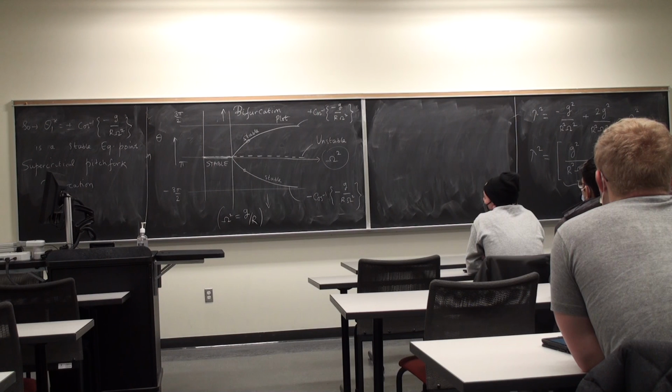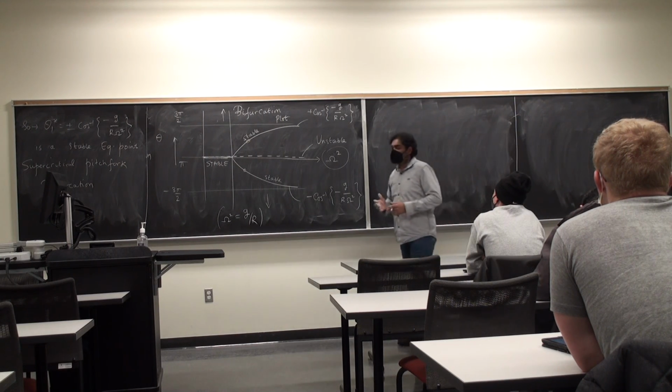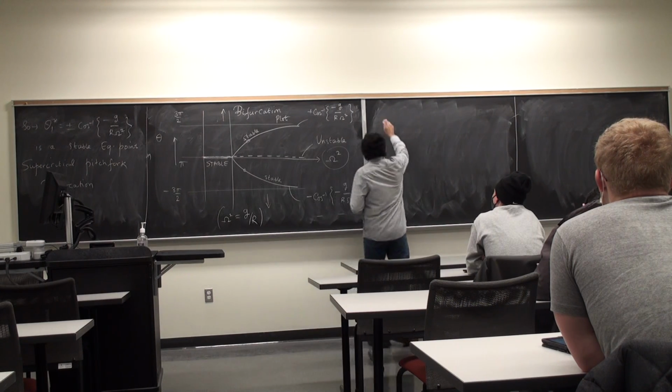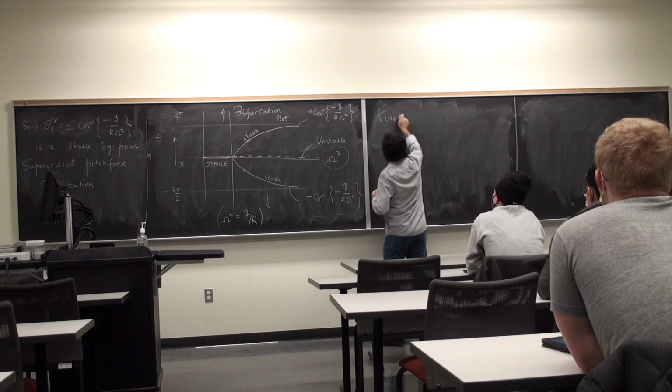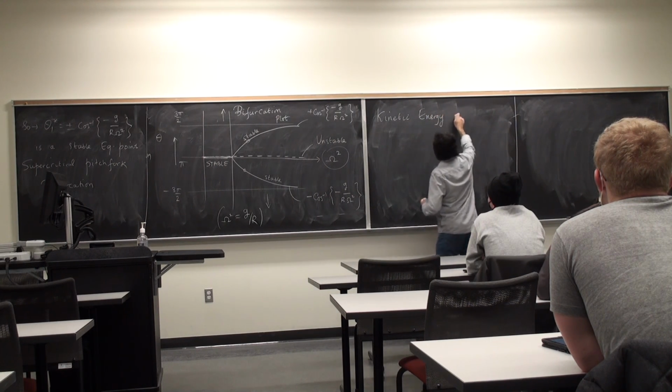Okay. So what I'm going to do next is we're going to move to rigid bodies. And I want to derive the kinetic energy of a rigid body. Once we do this, then we have pretty much all the elements to start tackling bigger problems. So kinetic energy of a rigid body.